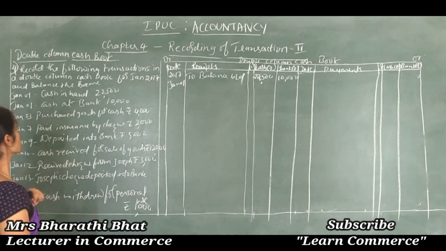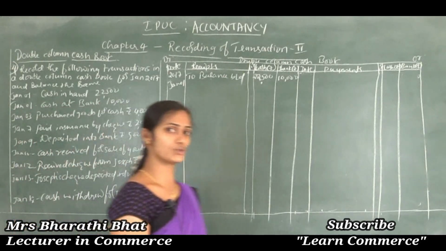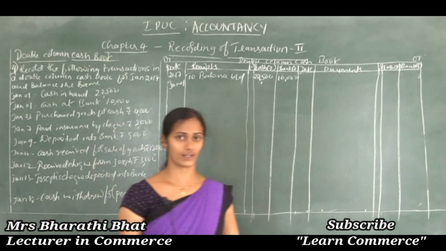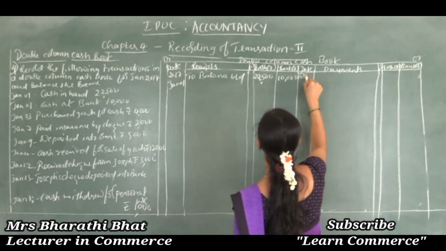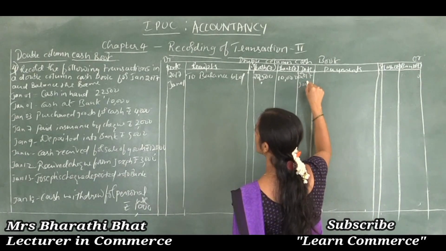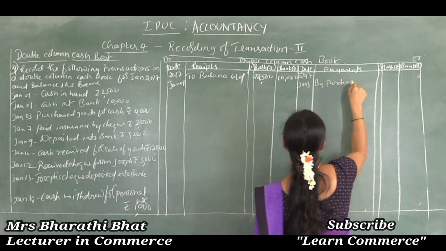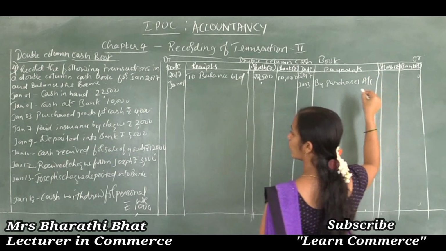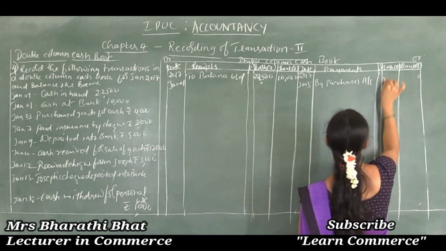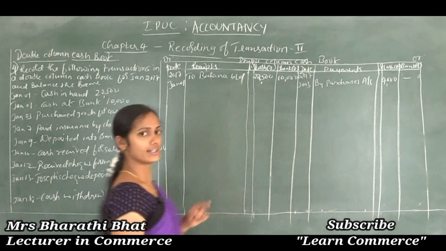And next one, Jan 3, purchased goods for cash. Purchased goods. So purchase means what? Expense. So expense goes to payments. 2017 Jan 3, by purchases account, amount 4,000 in cash column. Why? Purchased goods for cash.